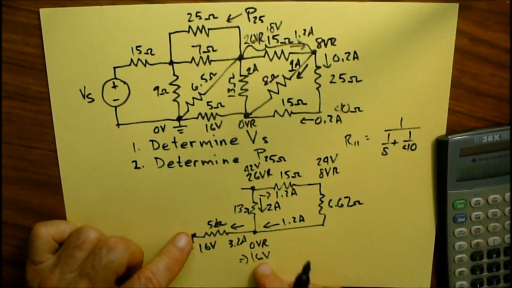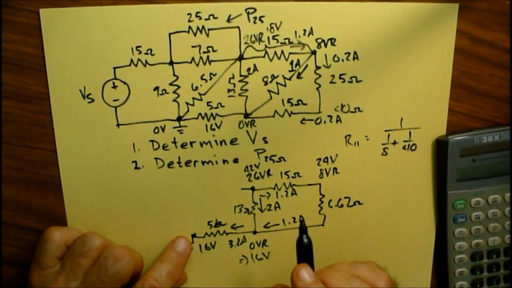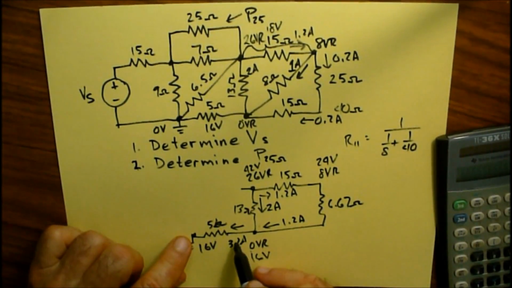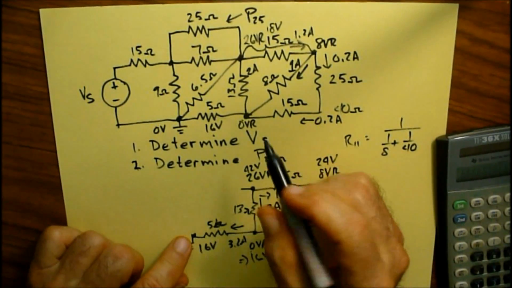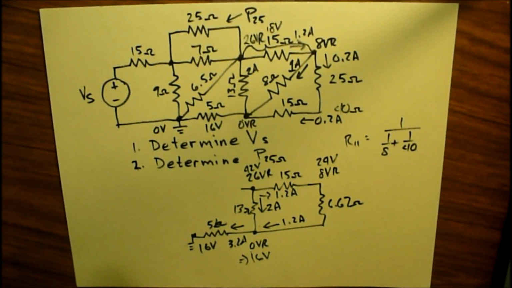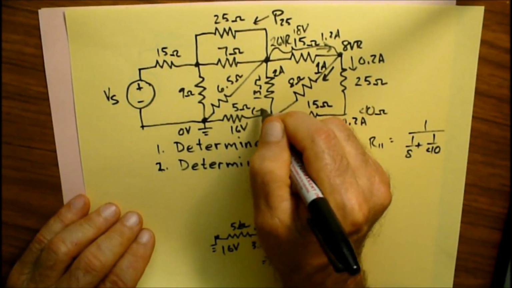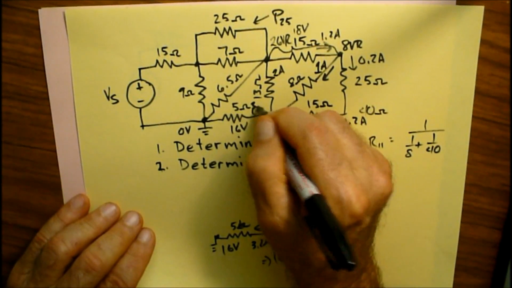Okay, so we've figured out quite a bit here. I've got 3.2 amps going this way, 2 amps going this way. We're going to expand the circuit a little bit more now. I do have 3.2 amps going in here.